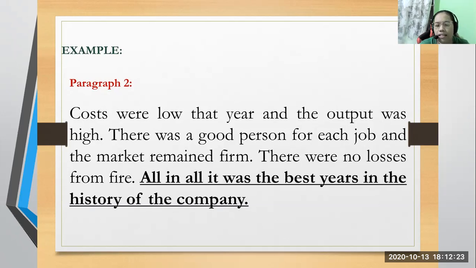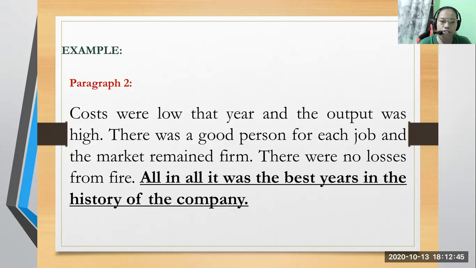So why do you think it is the last sentence in the paragraph? You can ask yourself, what is the paragraph all about? If you can summarize that paragraph in one sentence, which do you think is the best sentence to summarize it? That's why the answer is the last sentence.